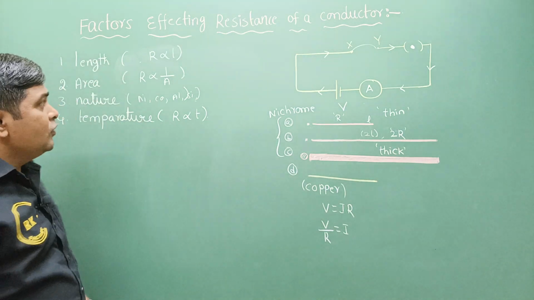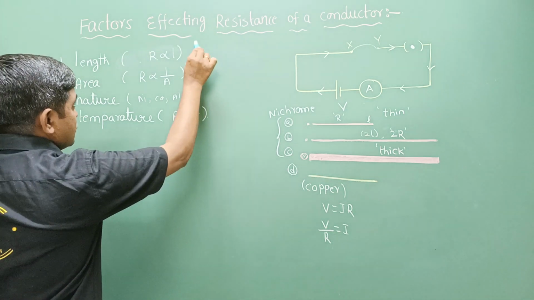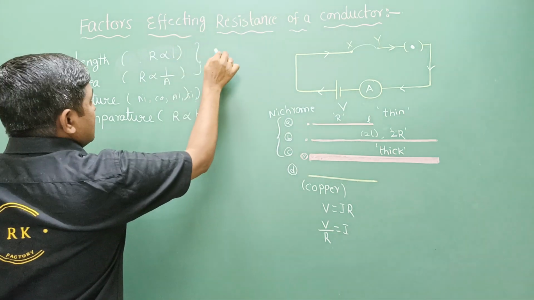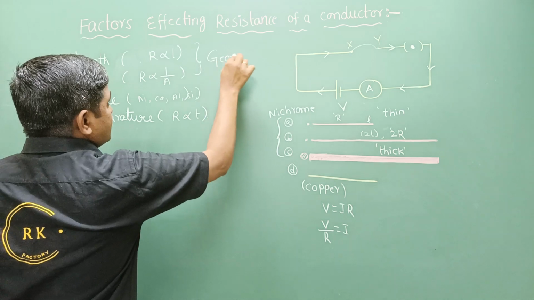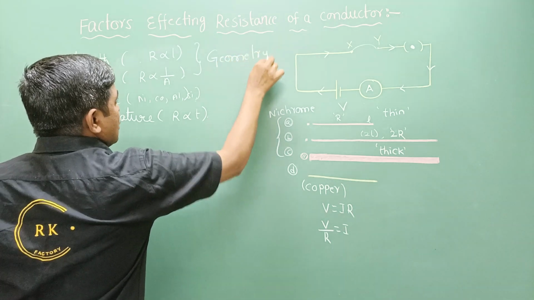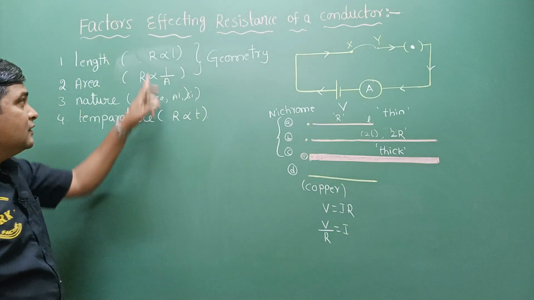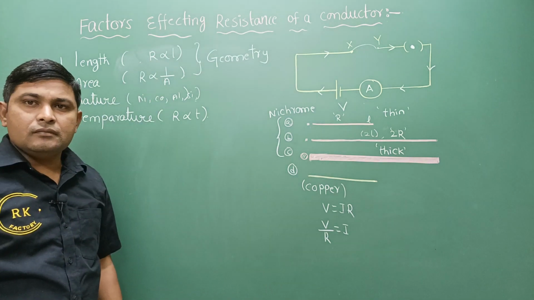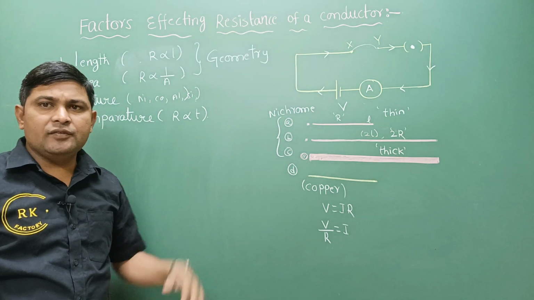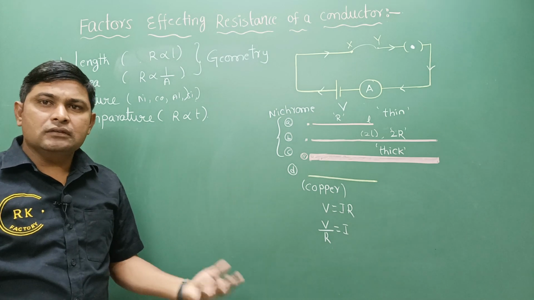But if you think about these two specially, length and area, these depend on the geometry of a conductor, right? If the area is a circle, it is different; if the area is a square, it is good.